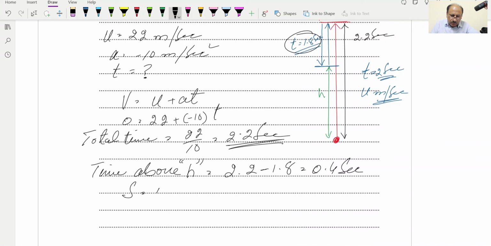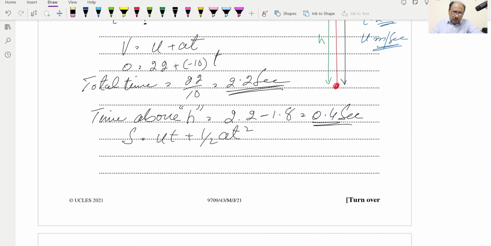So s is equal to ut plus half at squared. Now if we replace values, s is equal to u which will be 22, t will be 0.4, and plus half into acceleration which will be minus 10, and t square will be 0.4 squared.